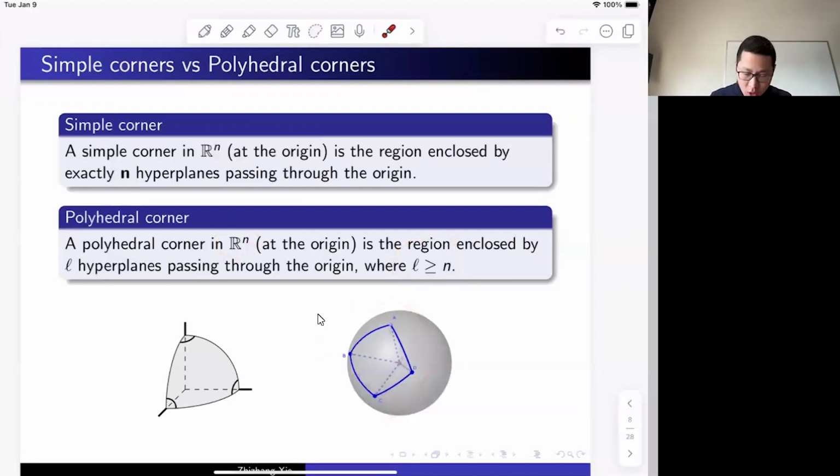This is in dimension 3, where you have 4 hyperplanes meeting at a vertex. So the key difference, as far as the angle shrinking problem or the angle enlarging problem is concerned, is that for simple corners, any two codimension 1 faces, when they meet, exactly meet at a codimension 2 face.